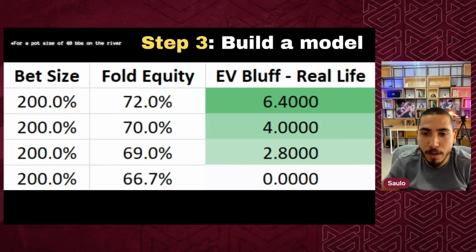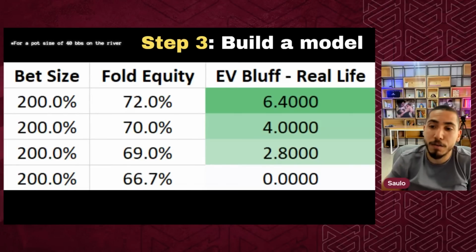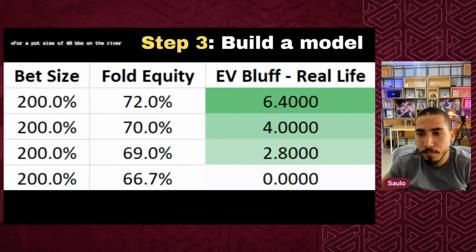And there we have also the optimal fold equity, in which case I would be breaking even. So if my opponent would fold 66.7%, then I would be breaking even on my bluff. In this spot, I do expect to have around 69% fold equity, which means I'm going to have roughly 2.8 big blinds per hand of EV with my bluff here.